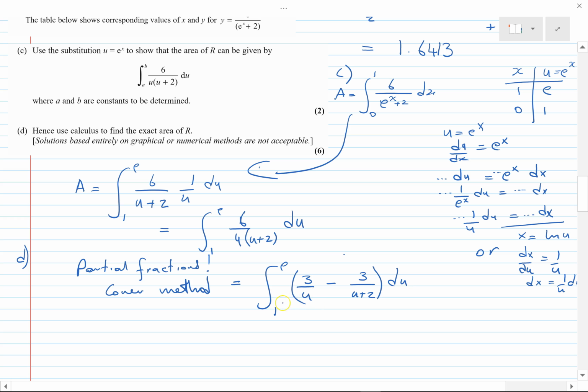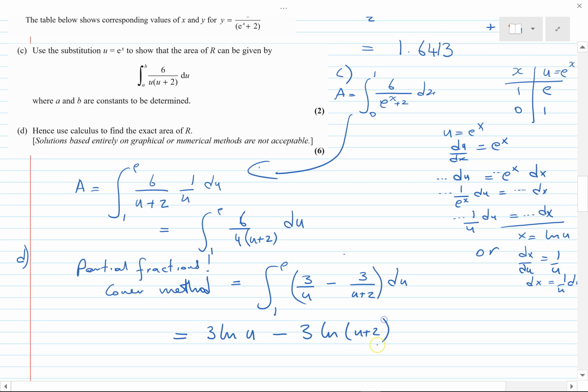Now we can do these. These are both ln terms. Now it does wind me up a little bit when people put moduluses, even though that's the general form. We know the limits are positive here, so don't mess around with modulus signs really.